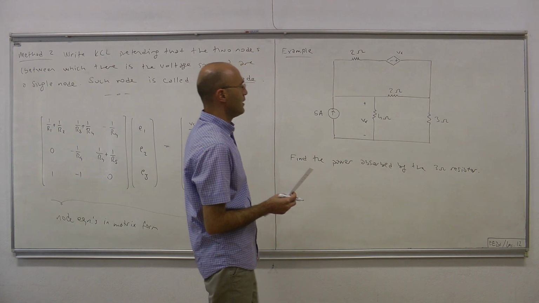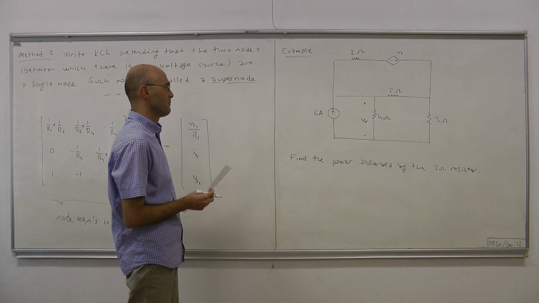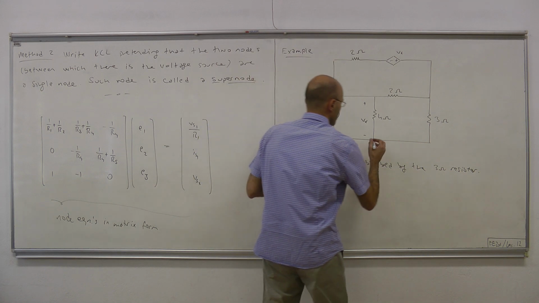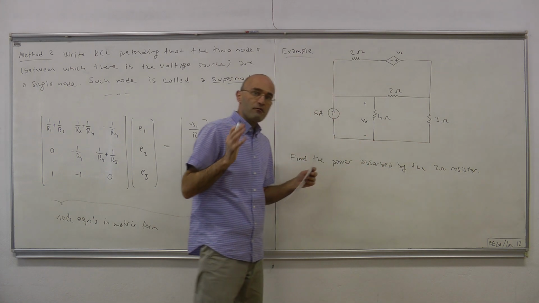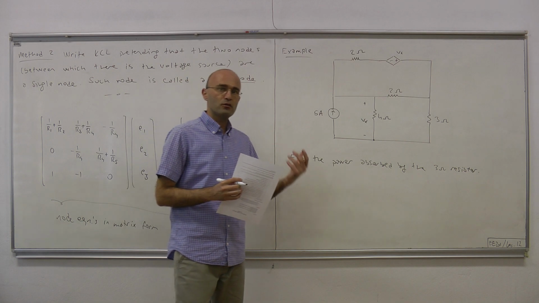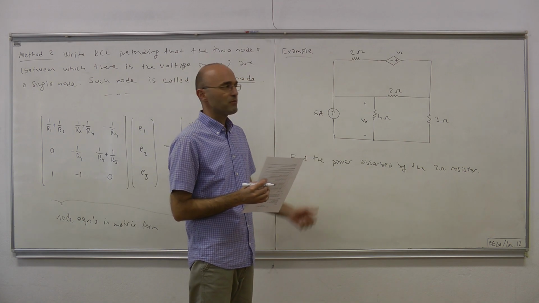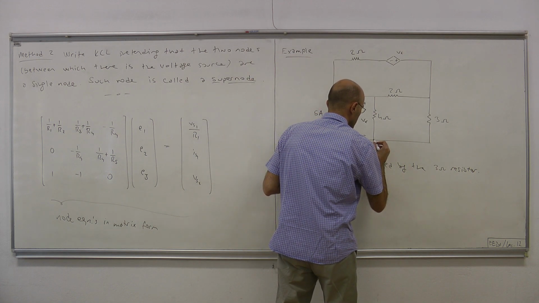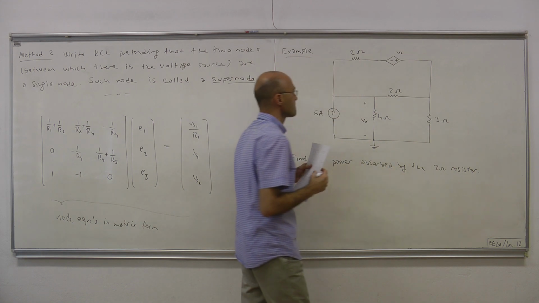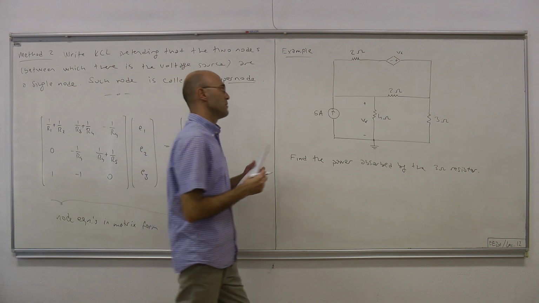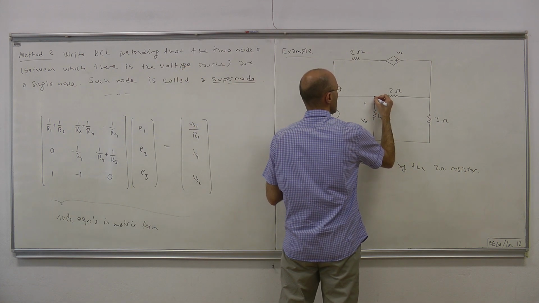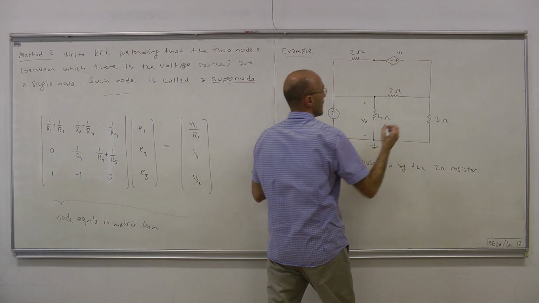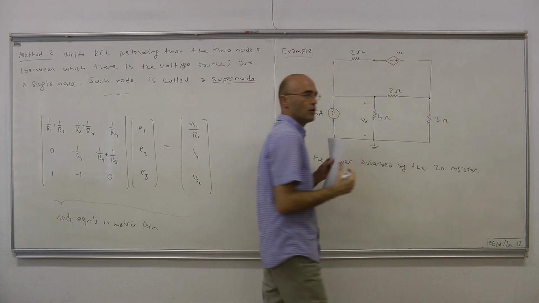Okay. Now let's apply node voltage analysis method for this circuit. The very first step is labeling. So first we have to choose a ground node, and then we label the remaining node voltages. Let this be our ground node or reference node. Okay. And the other nodes that remain are, here we have one, here there's another one, and this is the third node.